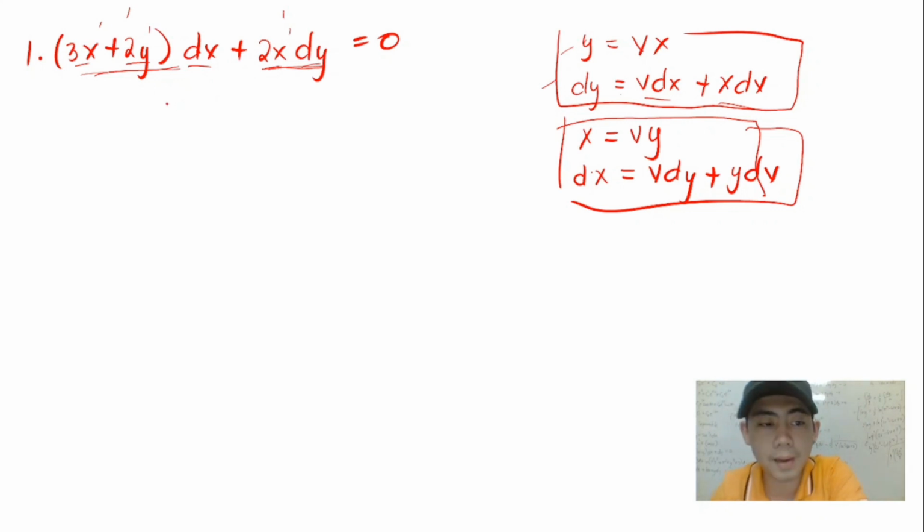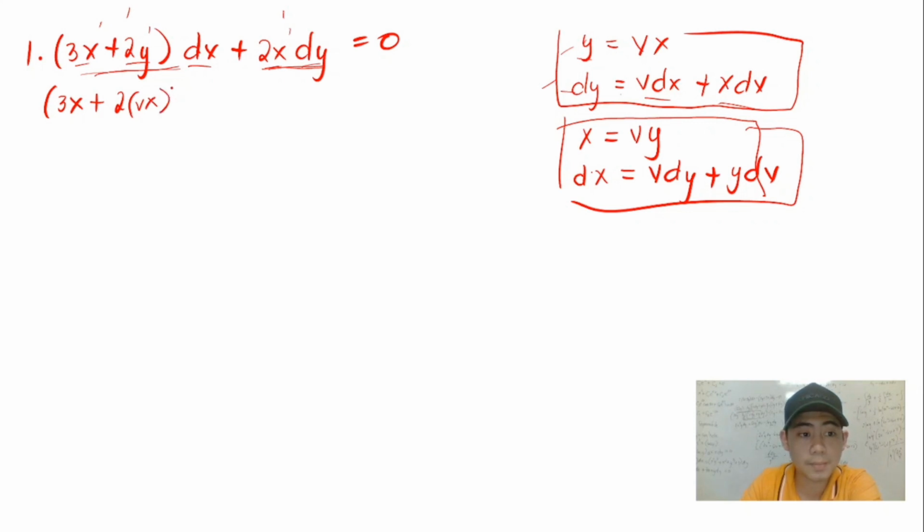So, para ma-solve natin yan, let's use the magic substitution, which is yung y and dy, sorry. So, 3x plus 2, ano ang y? vx. Okay, so, substitute natin, then dx, plus 2x multiply, ano yung dy natin? v dx plus x dv, is equals to 0.